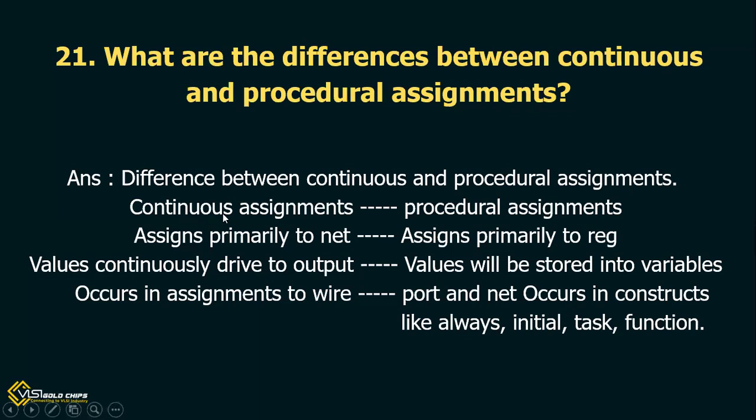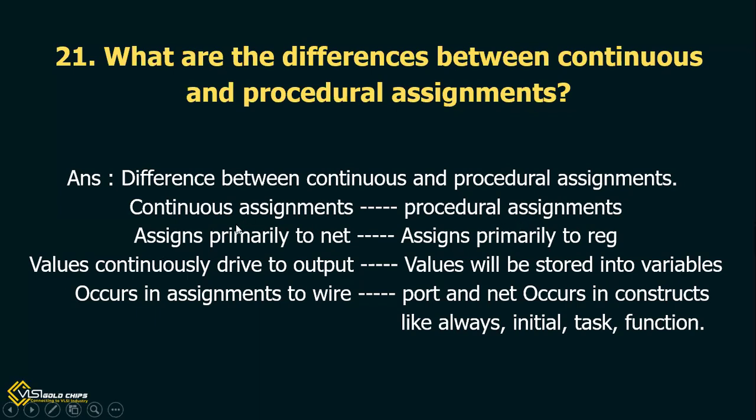The continuous assignment statement will assign primarily to the net, whereas in procedural assignment, it will try to assign primarily to the register. The values continuously drive the output in continuous assignment, whereas the values will be stored into variables in procedural assignment.